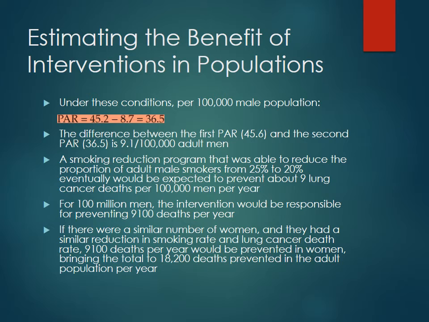So essentially what that's saying is if you were to reduce the number of people smoking from, say, 25% to 20%, you would end up having 9.1 per 100,000 adult males not die from lung cancer. Okay. So a smoking reduction program would end up preventing about 9 lung cancer deaths per 100,000 people per year. Okay, so is that a good thing?